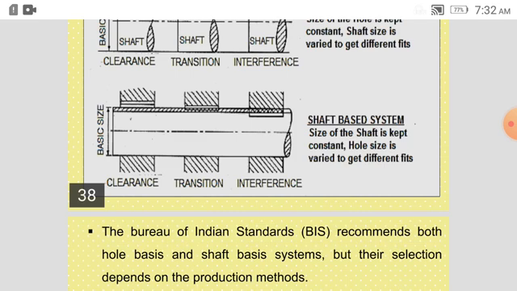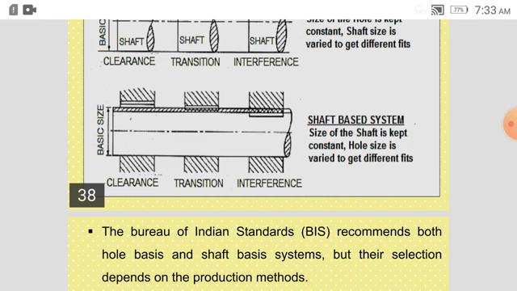So the size of the shaft is kept constant and hole size is varied to get the different fits. So for clearance fit, it is shown like this, for transition fit and for interference fit, where we can see the tolerance zone entering into the shaft basic size. Since in interference fit the press fitting is required, some force is required to get the hole and shaft fitted.